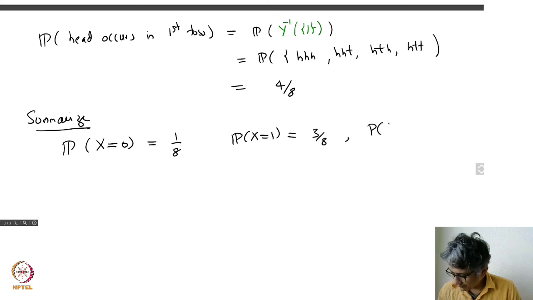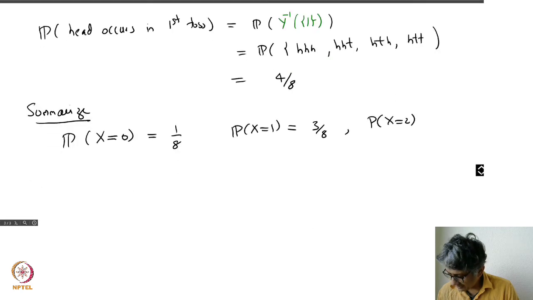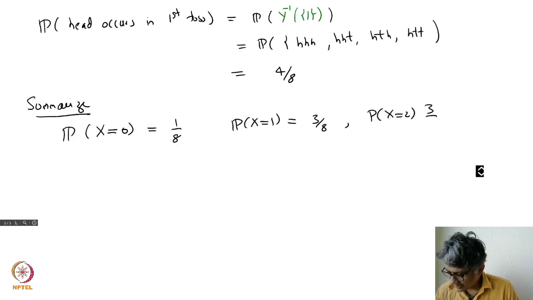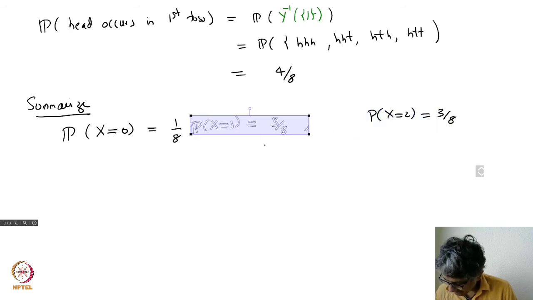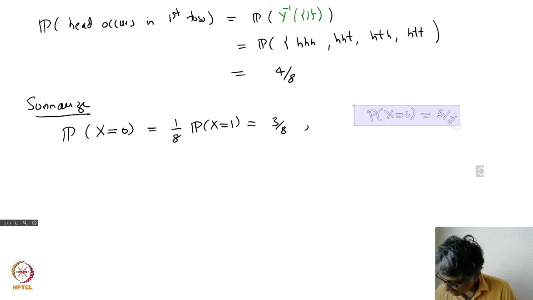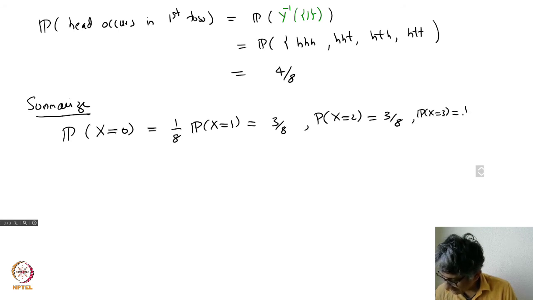X equal to 2 is 3 by 8 like we did before. The chance that x equal to 3 is again 1 by 8.